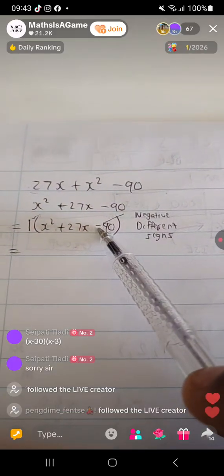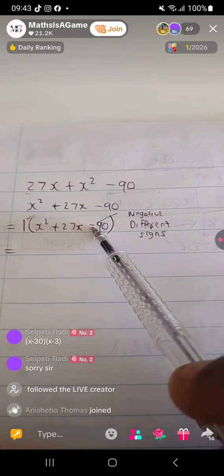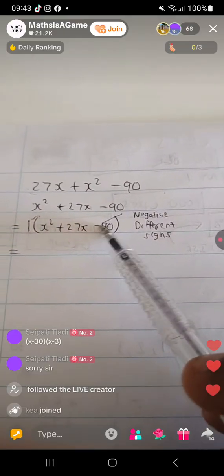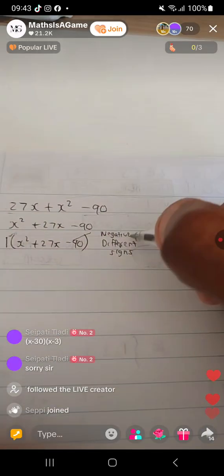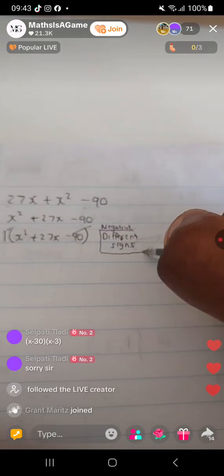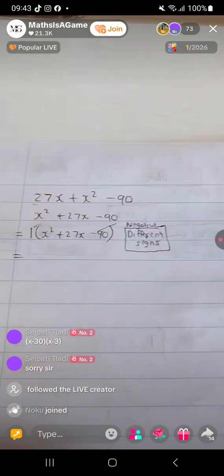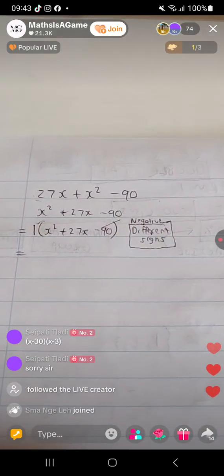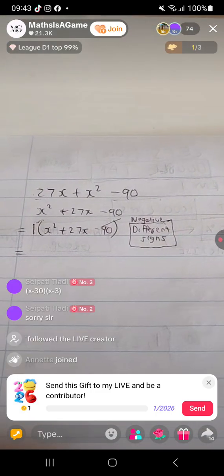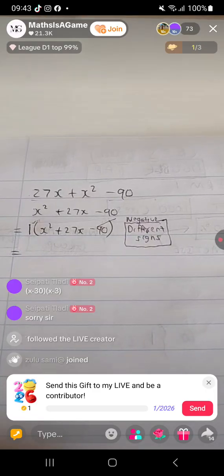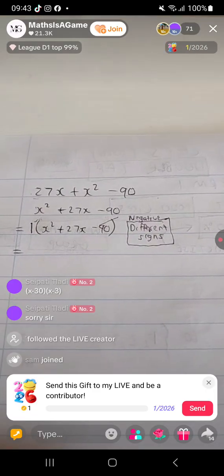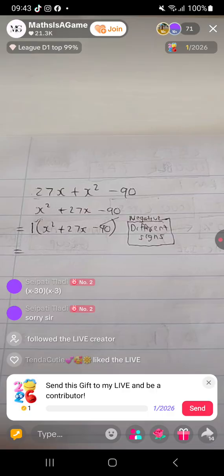What did we say, guys? When this constant is negative, it means we are going to have different signs inside the bracket. Different signs inside the bracket.